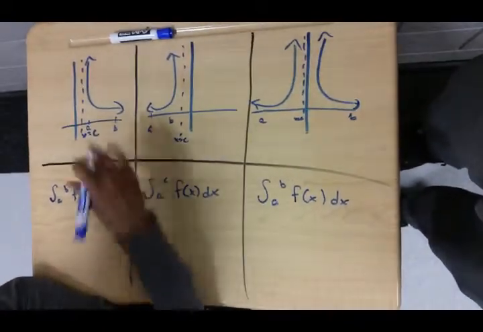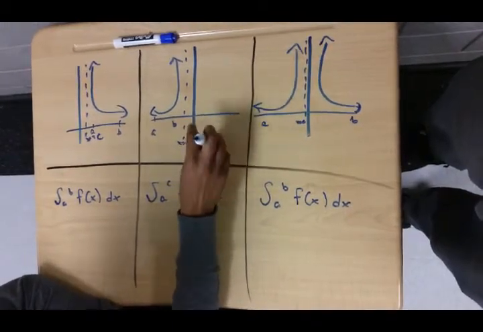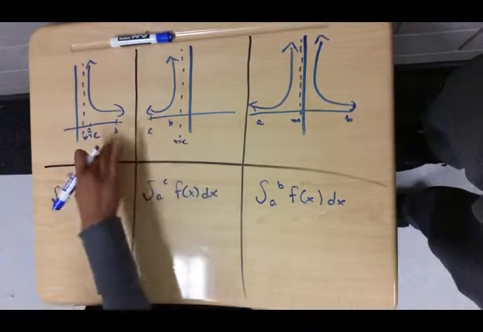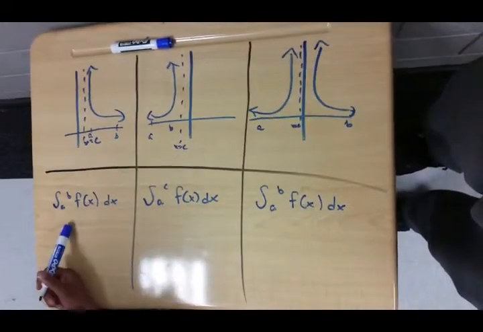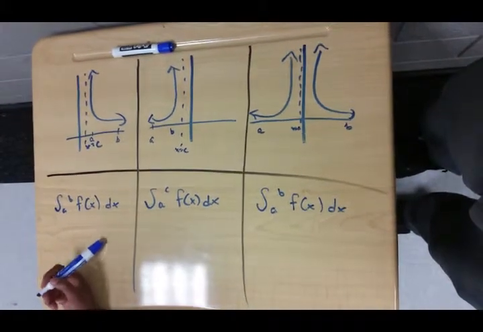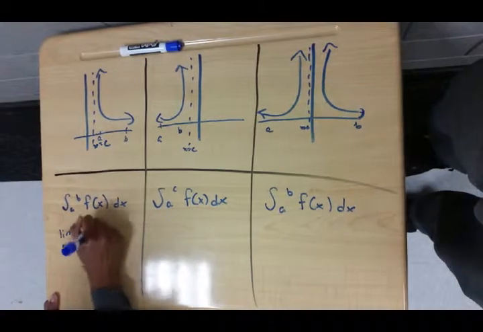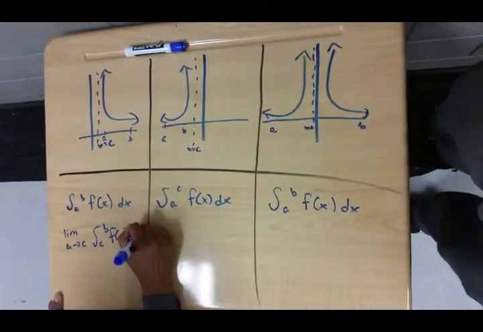Anyway, these are very similar to the ones that you did before, except instead of them giving you bounds, you actually have a bound. So, like here, it has a vertical asymptote at x equals c, so the integral from a to b of f of x dx is basically the limit as a goes to c of the integral from a to b of f of x dx.